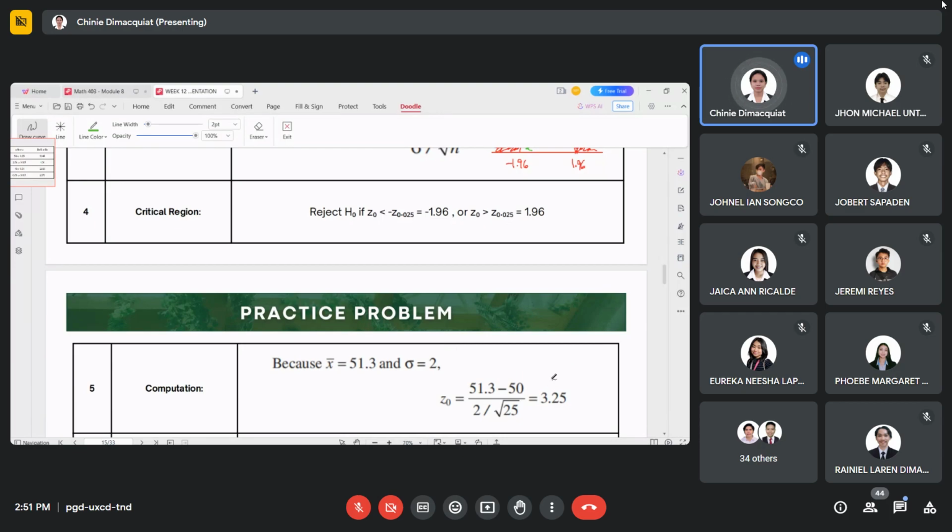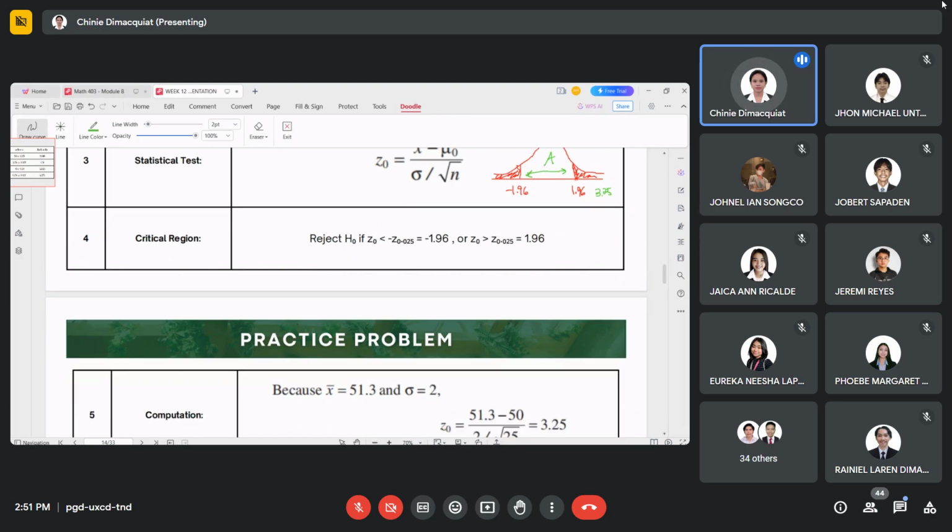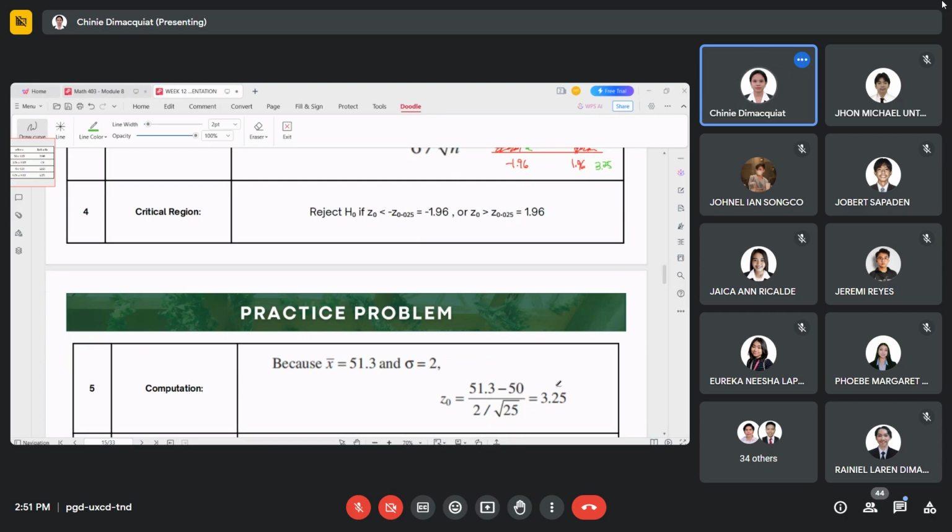So since meron tayong Z na 3.25, i-plot natin dito. So nakuha po ba itong ating value ni Z na 3.25? Ito, nakuha naman. Ayan. Sige. Okay.